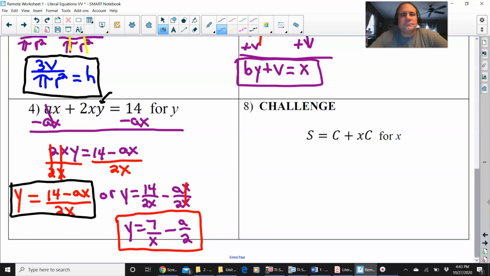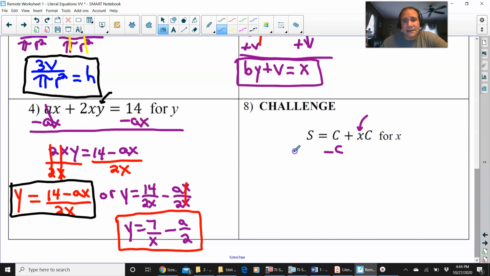So, how'd you do? Okay, so you have to solve for x. First thing I'm going to do is put this right here. I'll tell you the truth, I just want to get that xc alone. And the way I'm going to do it is I'm going to take this c right over here and subtract it.